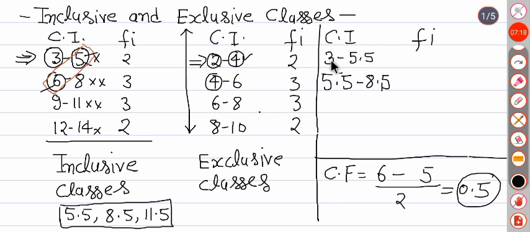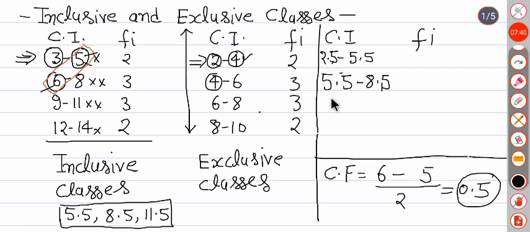And here remember that also. Here also there would be 2.5 because you have to subtract. So I am correcting it. 2.5 to 5.5. 5.5 to 8.5.